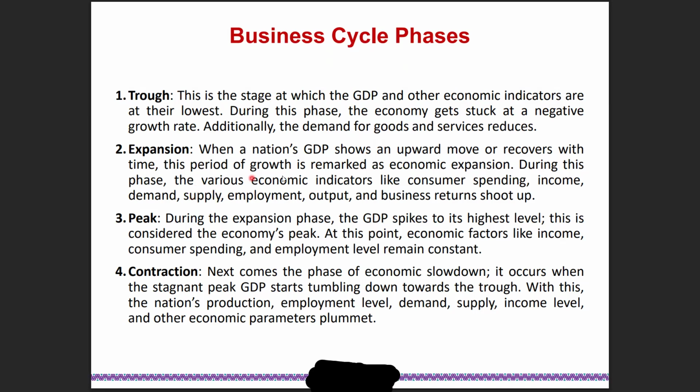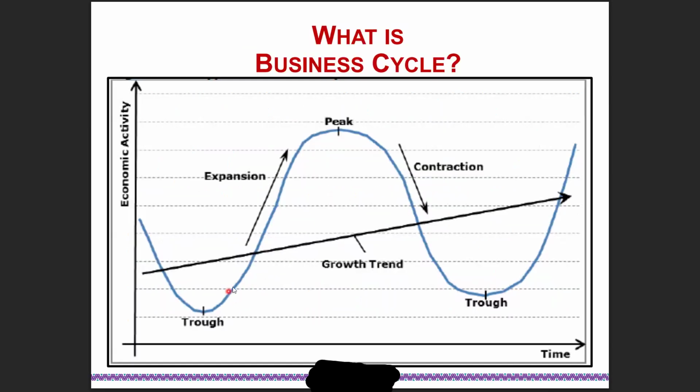If supply increases, output increases, meaning that production is also increasing, which essentially leads to what? Economic growth. And also business returns increase, meaning their profit, right? And so on. So during the expansion, the economic activities start to shoot up, right?